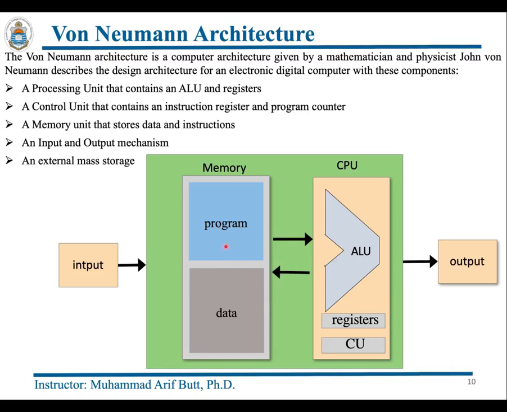And we have the memory unit that stores the data as well as the instructions, some I/O mechanisms and I/O devices, and maybe external mass storage. So this is the overall von Neumann architecture that you see in everyday computers these days.